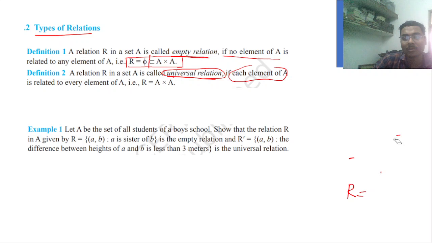So what are the examples I'm going to discuss in this lecture today? The very first example is: let A be the set of all students of a boys school.